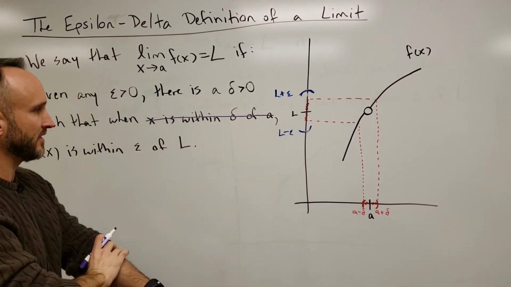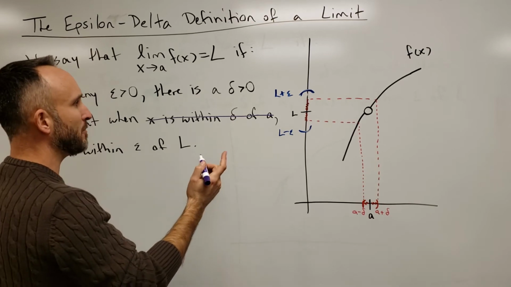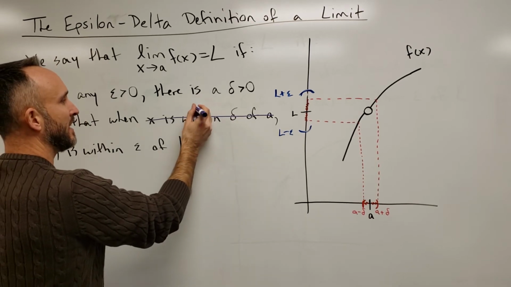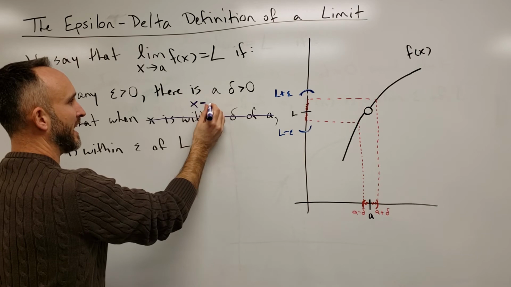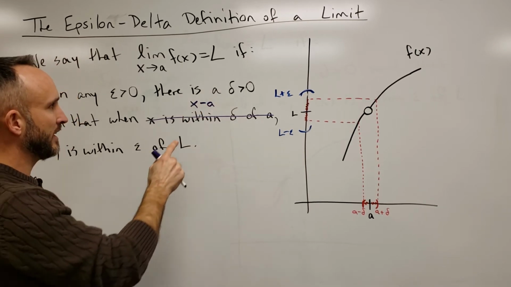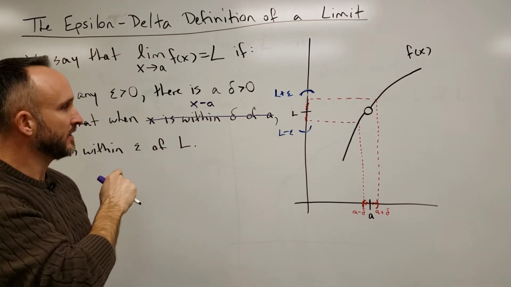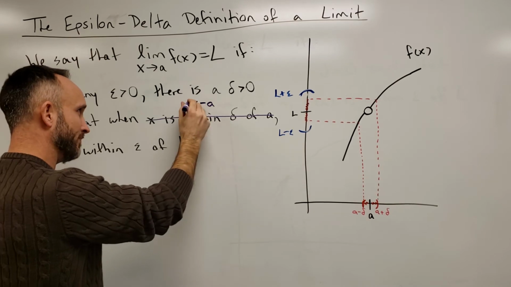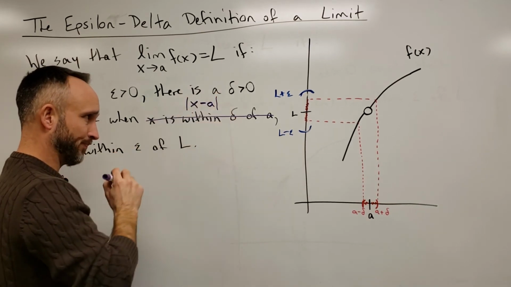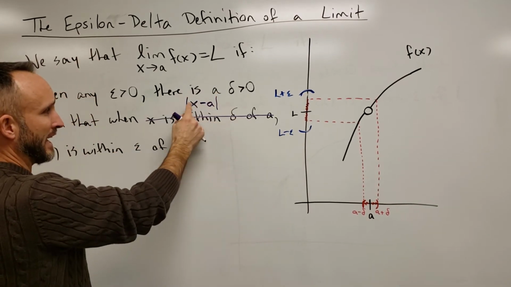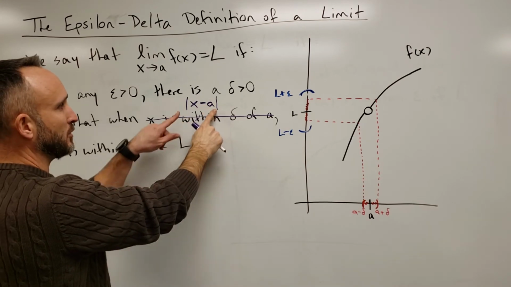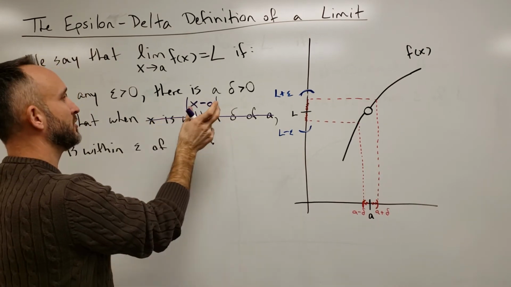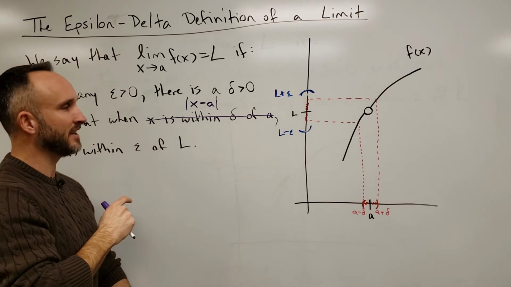Nothing's wrong with that necessarily. But mathematically what that's saying is the distance between x and A. In other words, x minus A. The distance between x and A means absolute value. So x minus A is how far apart they are, and absolute value ensures that it's positive. So this represents the distance between x and A.